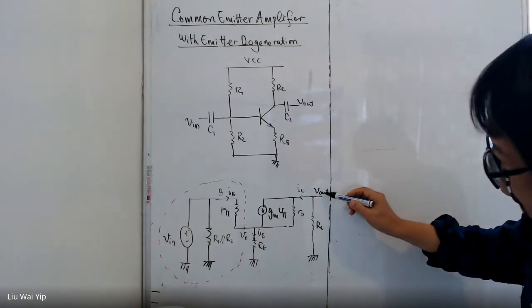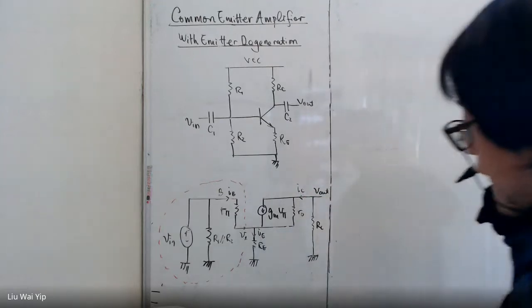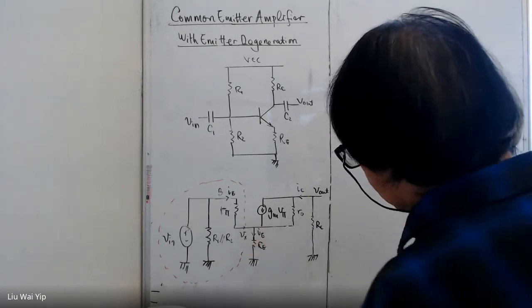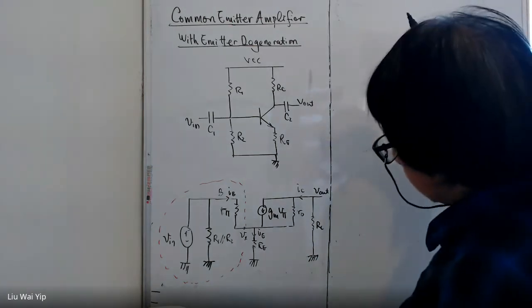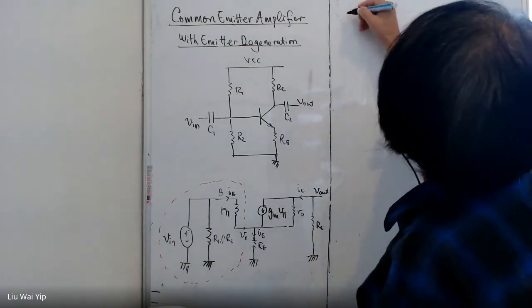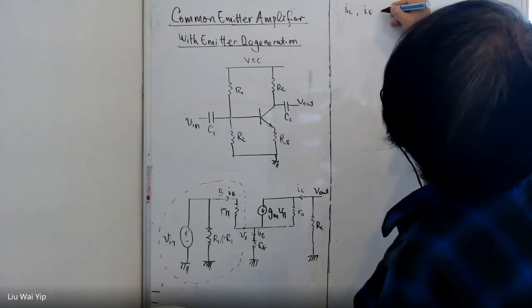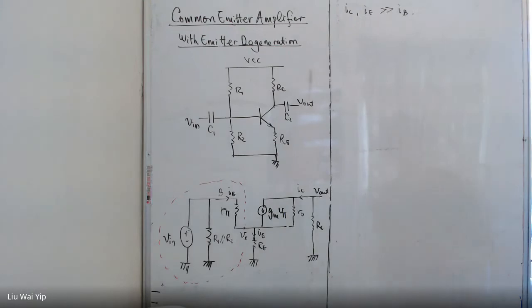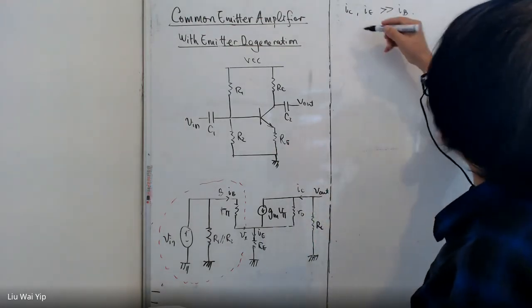This network contains the output together with a parallel combination of an analog and the current source. This is the dependent current source, and subsequently it goes down to RE. So the important assumption we have here is IC and IE are substantially larger than IB, and IE and IC are similar in value.